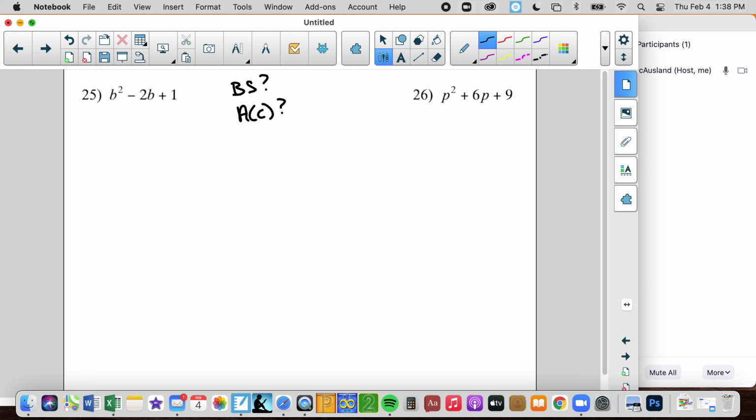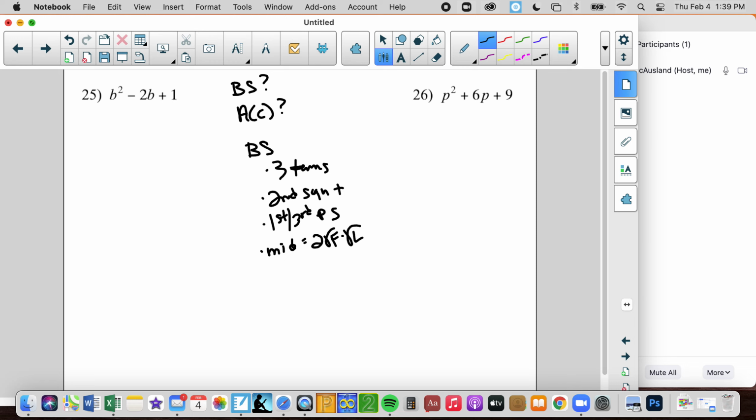Well, we always want to check for binomial square. We know binomial squares have 4 characteristics. They have 3 terms, second sign positive. We know the first and the third are perfect squares, and we know that the middle equals 2 times the square root of the first times the square root of the last.